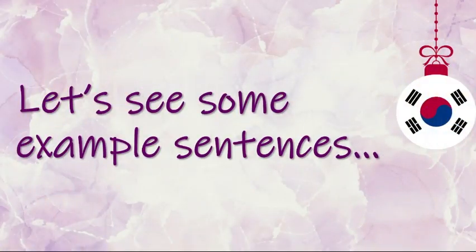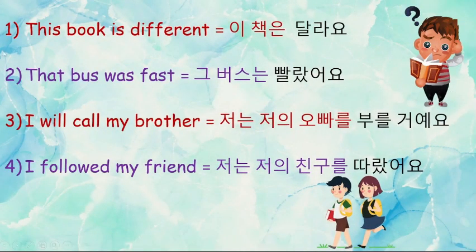Now, let's see some example sentences to understand this rule of conjugation, this l irregular, more clearly. First one is the sentence, this book is different. Now in Korean language, it will be 이 책은 달라요. This means 이, book is 책, and to be different is 다르다.